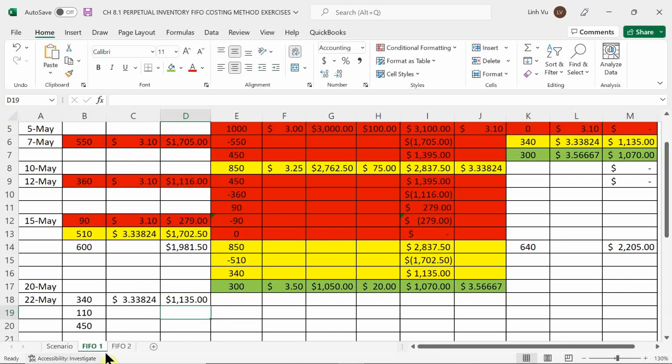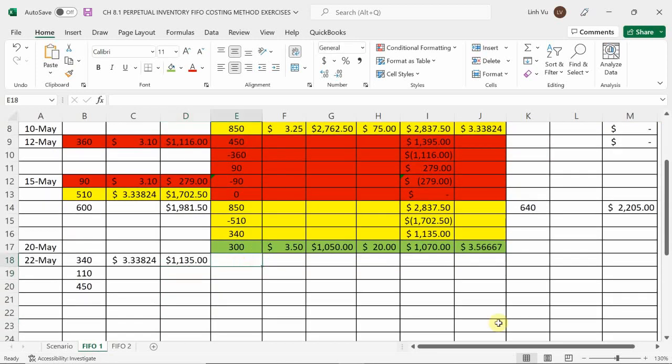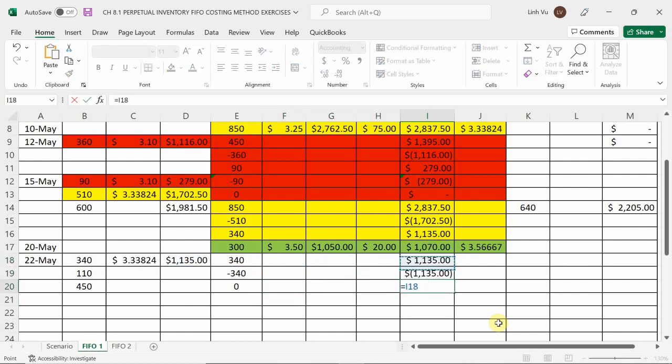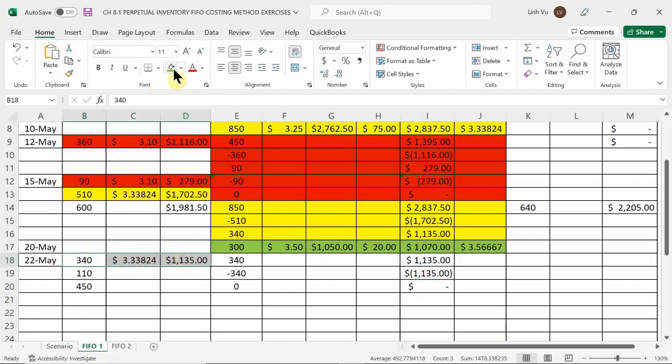Let's do that quick math here. It's going to zero out my yellow batch of inventory. Again, this is yellow.